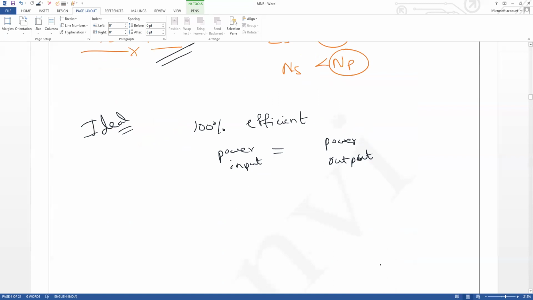What is the power formula? Power P is equal to V into I. Is it right or wrong? So power input is equal to EP into IP. Same way, power output is equal to ES into IS.